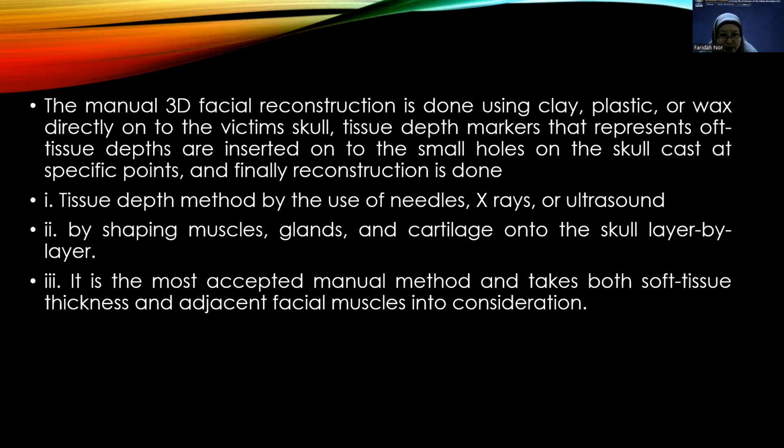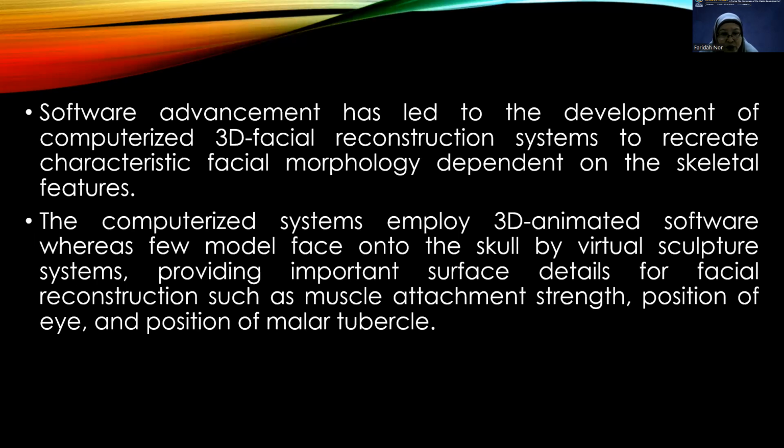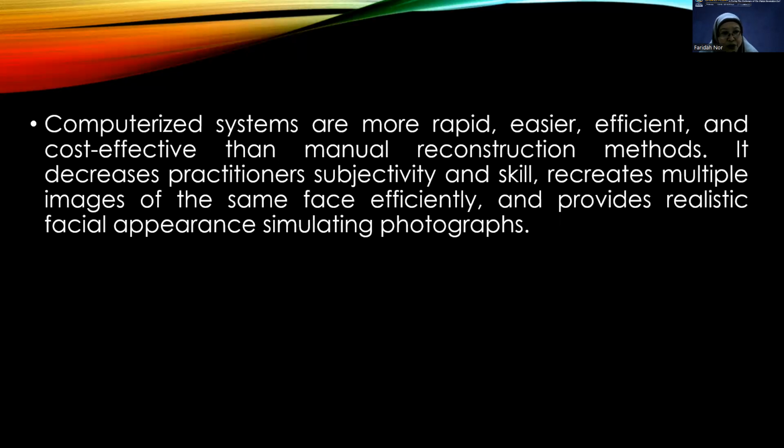This method is widely accepted as it considers the tissue thickness and facial muscles. Advances in software have resulted in the creation of 3D facial reconstruction systems, and these systems use 3D animation software. Computerized systems for facial reconstruction are faster, simpler, and more cost-effective compared to the manual methods.